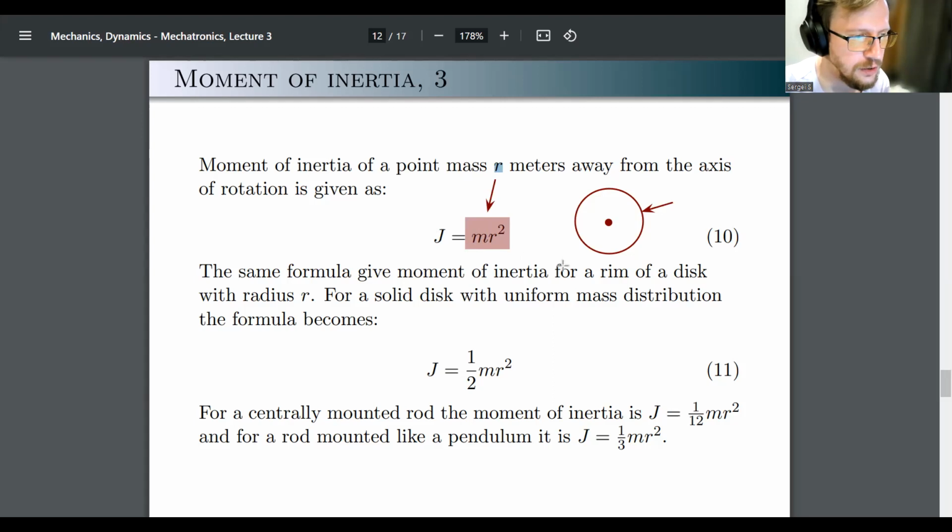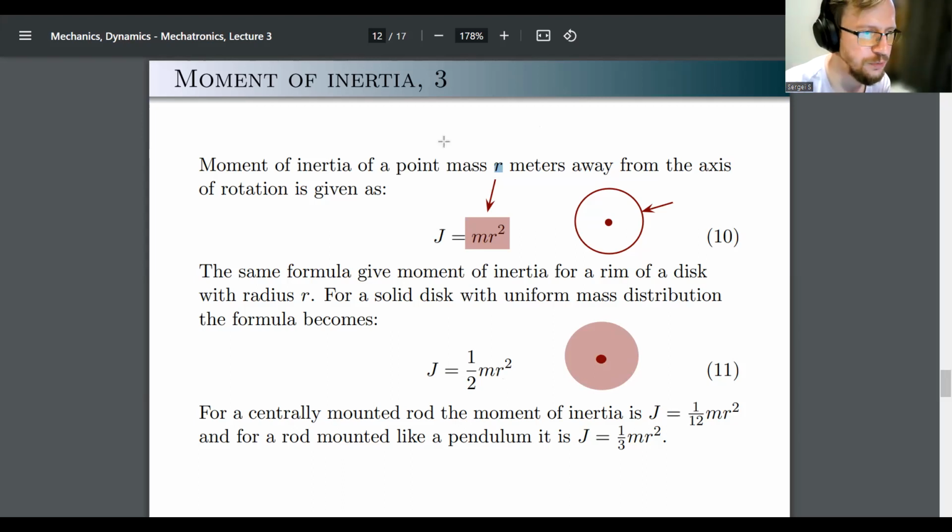All right. For a solid disk, a disk which has an interior, again with respect to the center of the disk, the moment of inertia will be computed like this. There will be a 1/2 coefficient. That has to do, as you can imagine, with the fact that some of the points are very close to the axis of rotation.